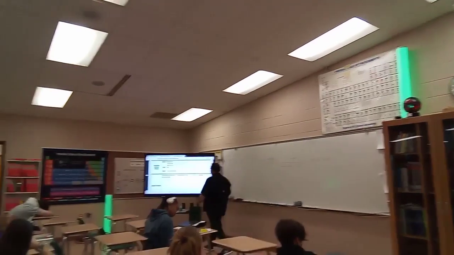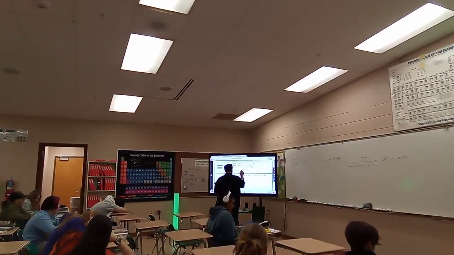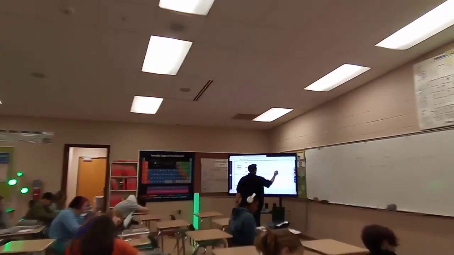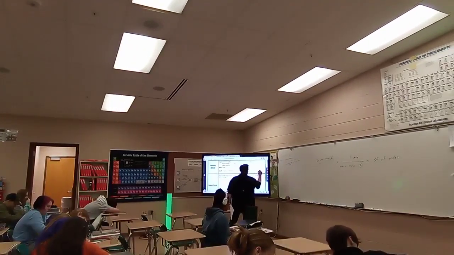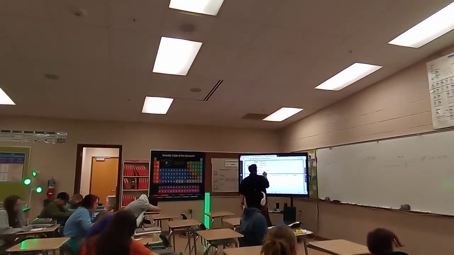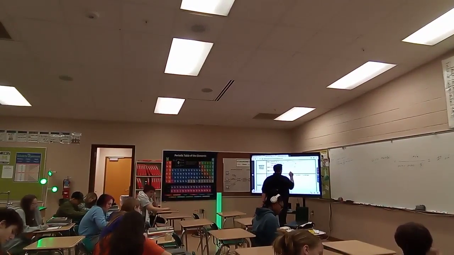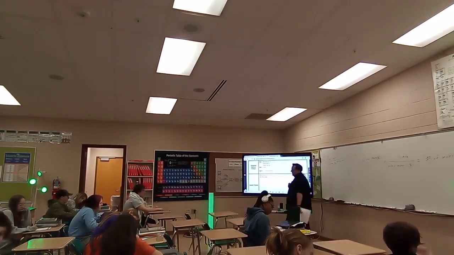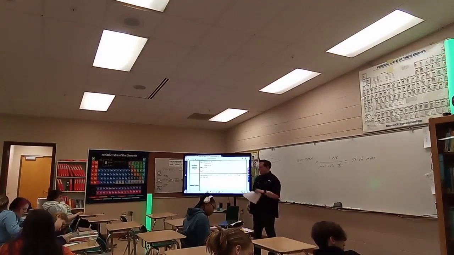You have to figure out how to get all ratio numbers to integers. You've got to get them all as whole numbers, okay? And I'll show you how that works.